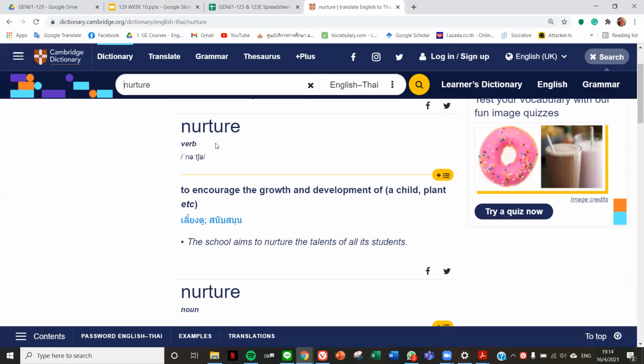When someone says, "Oh, you have a natural beauty, you don't need makeup," it means that person doesn't need to do anything to her face because she's already beautiful as she is. Nurture, on the other hand, is something that you need to teach, something that you need to learn. It means to encourage growth and development, so to nurture is to teach something.